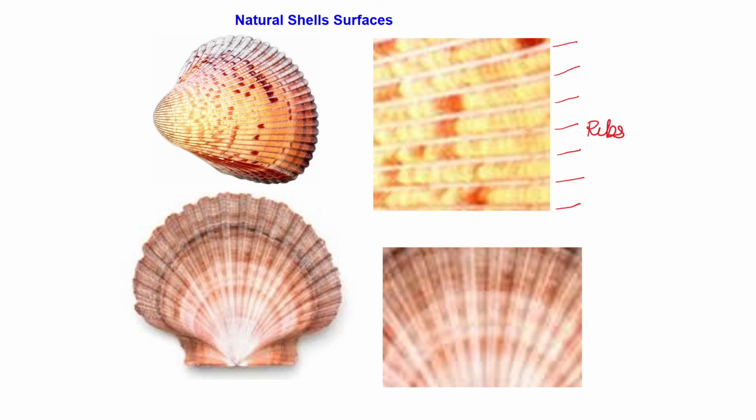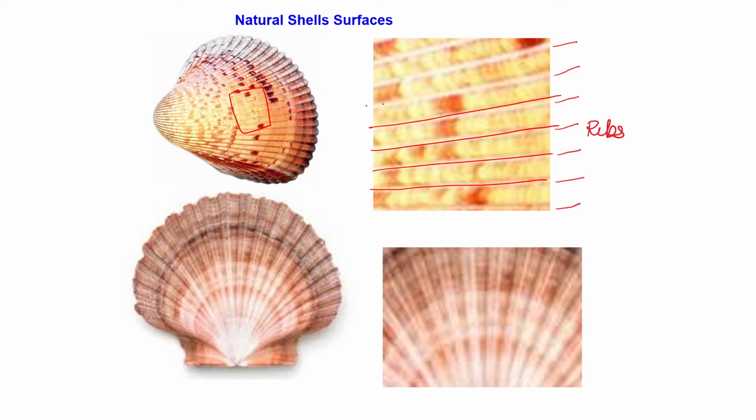You see the figures of natural shell surfaces. These we call shells, and you see different shell structures. I have just taken one patch and magnified it here. I want to show you that these are curved lines, which I will explain later on.